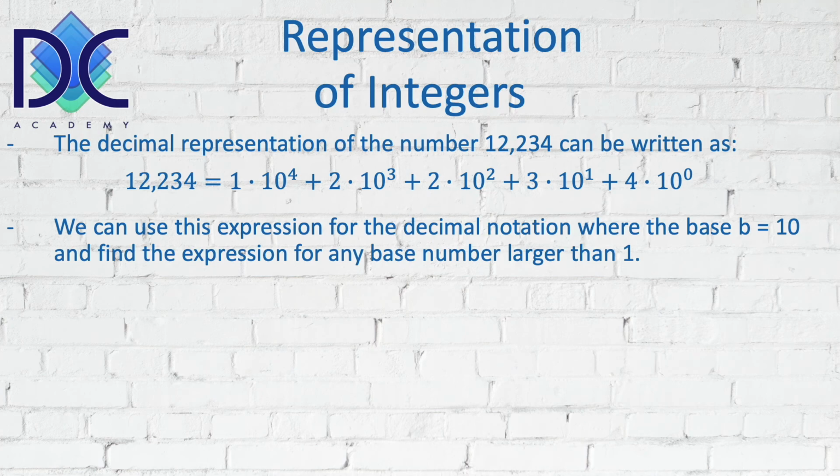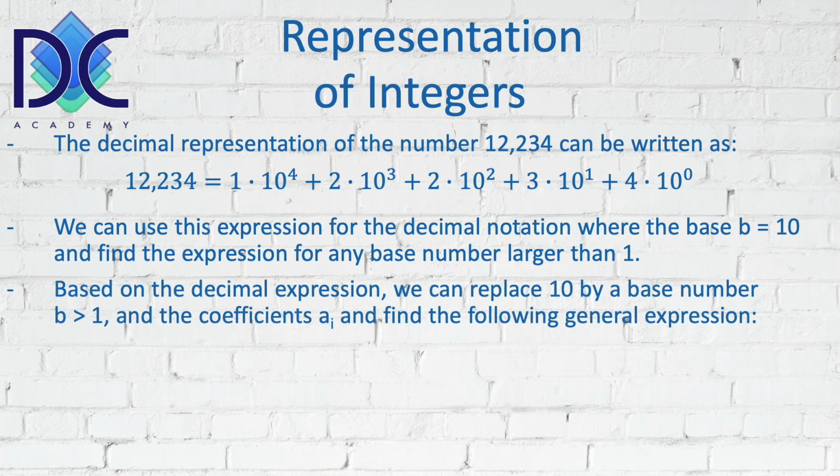Now we can do it for any base number larger than 1, and we can have the general expression of the representation of integers, where we have those coefficients, the 1, the 2, the 2, the 3, and the 4. We can call them the coefficients a index i, and we can create the following expression.